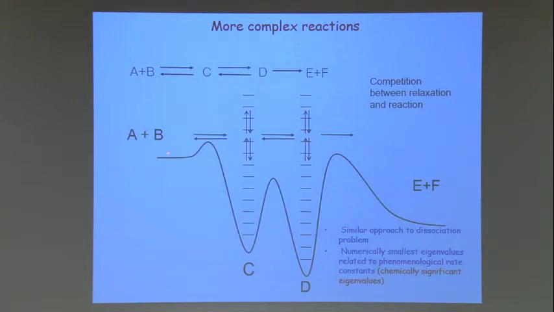So we've got one set of species, another species in this well, and another species in this well. So we've got 1, 2, 3 chemical species, and so we have 3 chemically significant eigenvalues. So these are the chemically significant eigenvalues there. And they're the smallest eigenvalues that we calculate from solution of the problem.